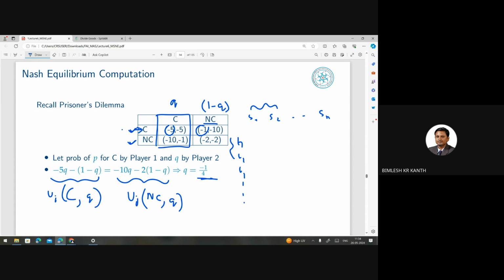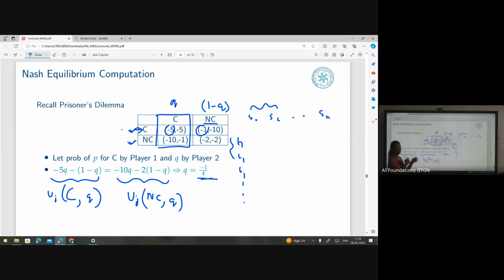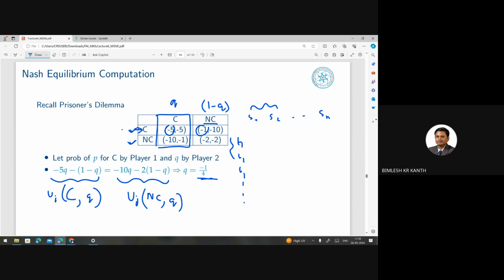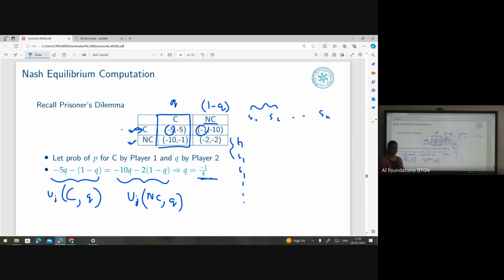Because for one of them, for NC, it is getting a lesser utility. Then why are we equating at all? Yes, we shouldn't. That's the exact point that I'm trying to make. You should first identify the set of strategies where you should equate. You cannot equate for all the strategies.